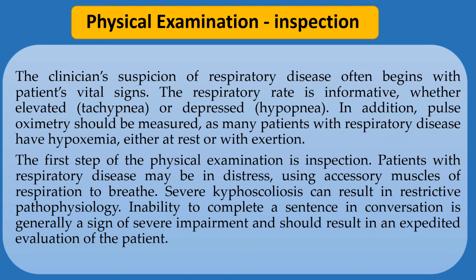Patients with respiratory disease may be in distress, using accessory muscles of respiration to breathe. Severe kyphoscoliosis can result in restrictive pathophysiology. Inability to complete a sentence in conversation is generally a sign of severe impairment and should result in an expedited evaluation of the patient.